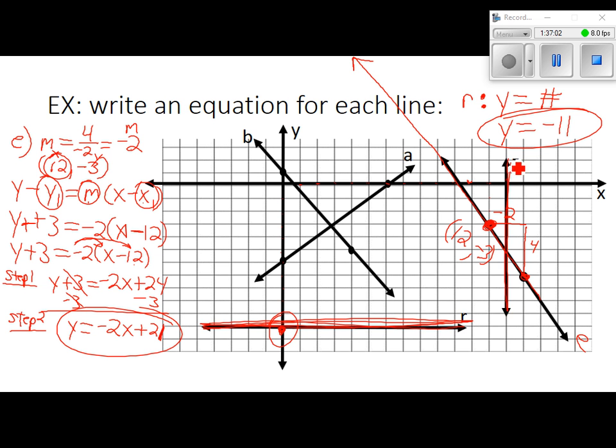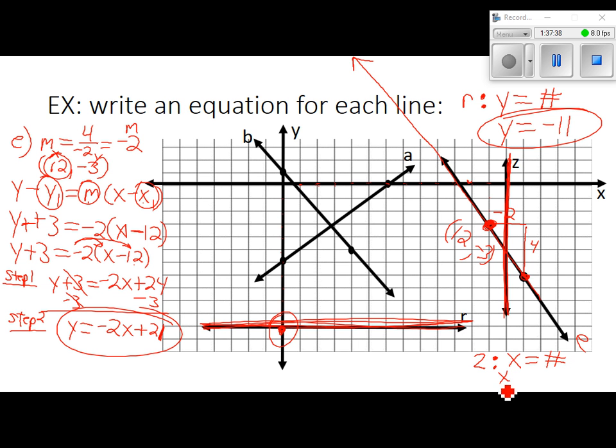Same thing, same idea for z, except this time it's a vertical line. So when we write our equation for z, we just count. We just count over. 1, 2, 3, 4, 5, 6, 7, 8, 9, 10, 11, 12, 13. So we went to the right 13. And it's always just going to be x equals some number.